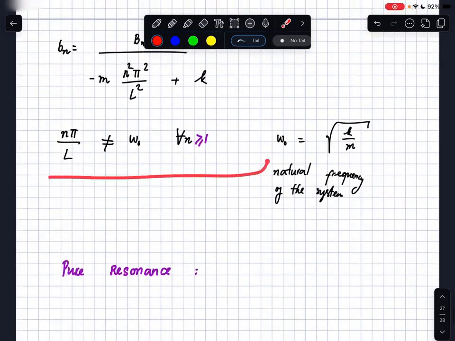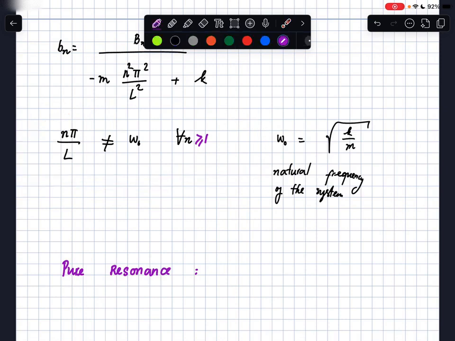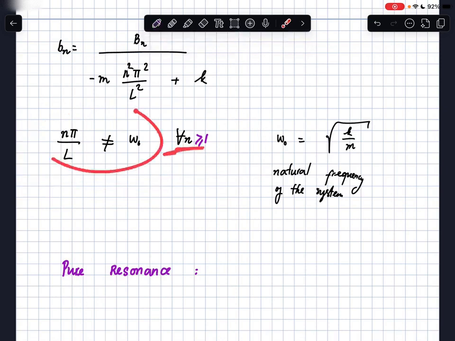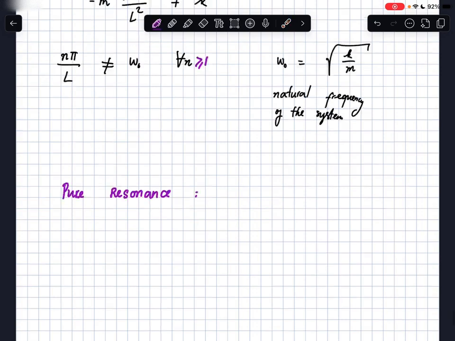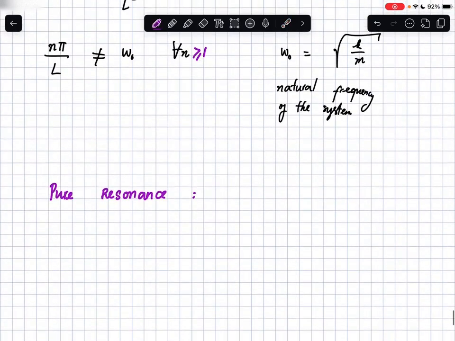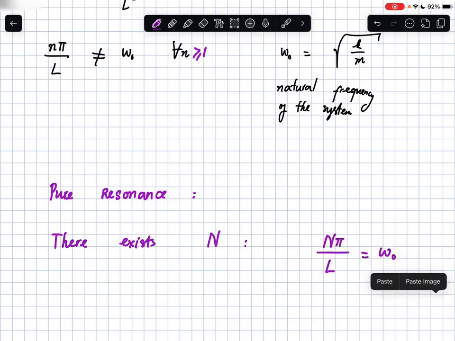So now we consider the case where there exists a natural number N so that N pi over L equals omega naught.